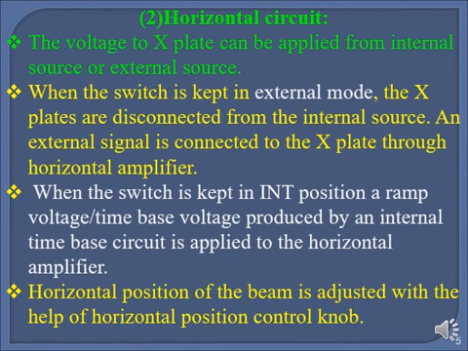When the switch is kept in INT position, INT means internal, then the ramp voltage or time-based voltage produced by the time-based circuit is applied to the horizontal amplifier, and the horizontal position of the beam is adjusted with the help of the horizontal position control knob.